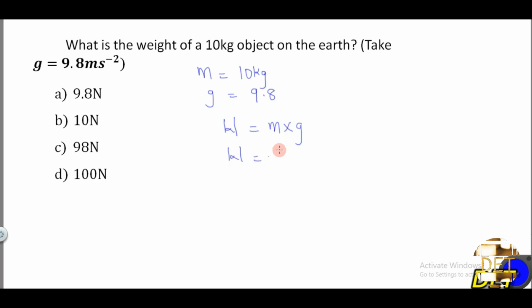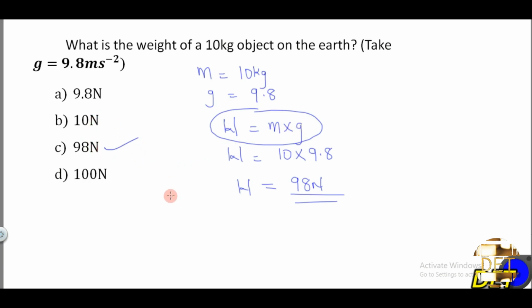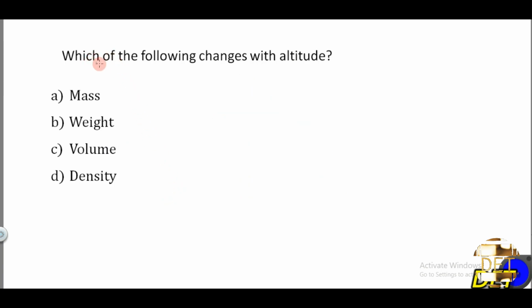So the weight is equal to the mass, 10, times the acceleration due to gravity, 9.8. So 10 times 9.8 will be equal to 98 Newton. So the weight of this object on the earth is what? 98 Newton. So the very important thing that you should know here is that is the formula for weight, which is weight is equal to mass times what? Acceleration due to gravity. So the correct answer is what? Option C. Very important.